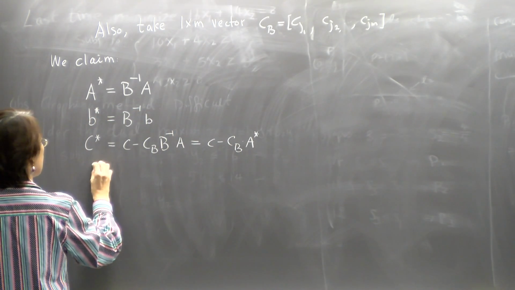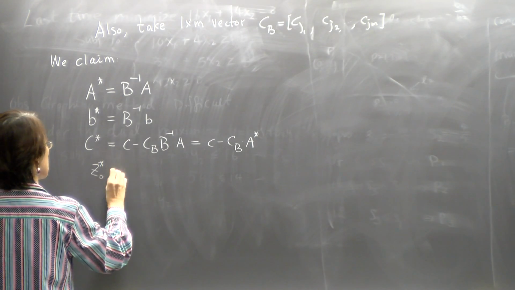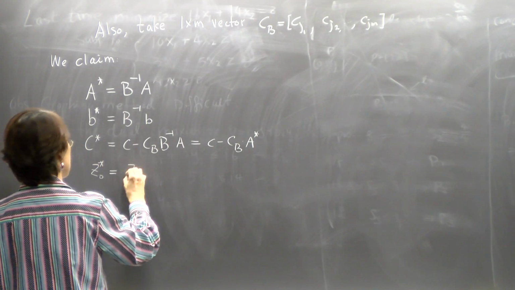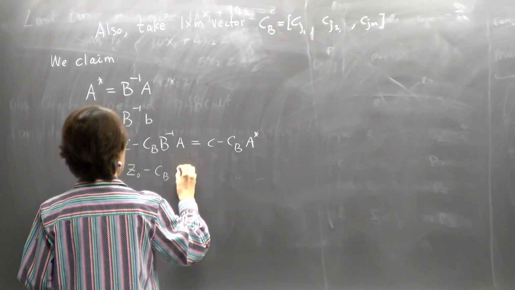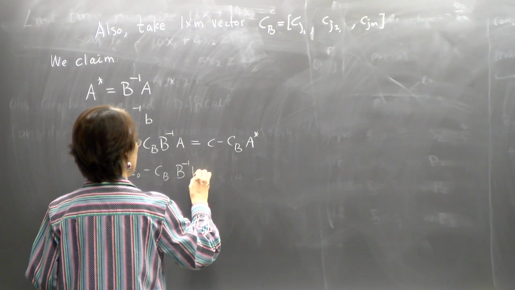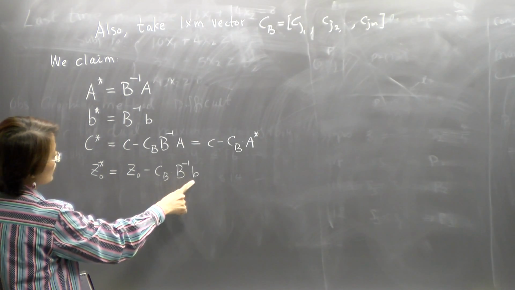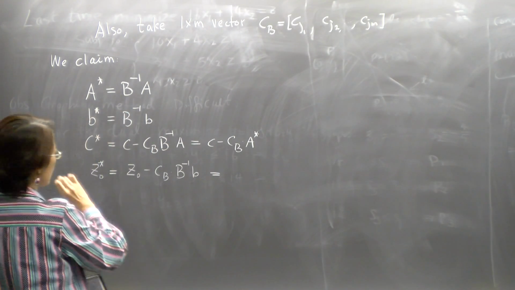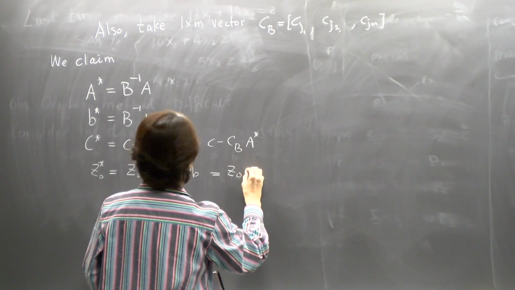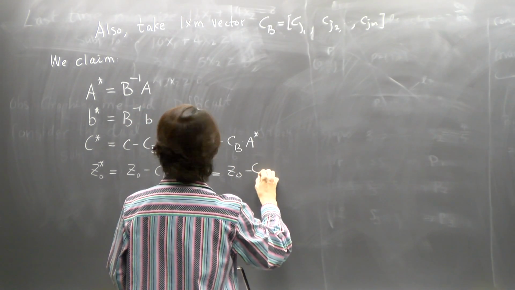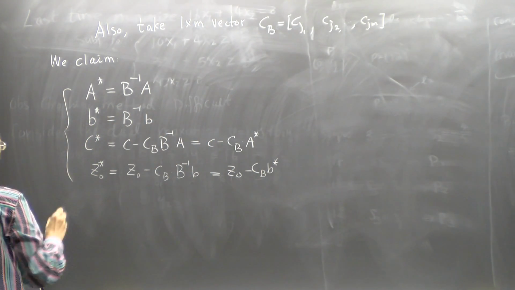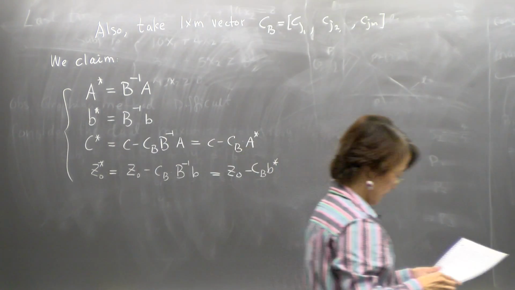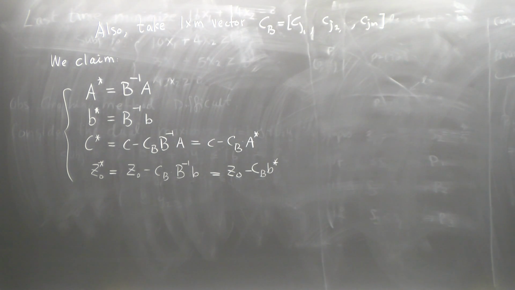And the final value Z star would be Z0 minus CB, B inverse B. B inverse B is computed over here, so I can write it as Z0 minus CB, B star. The proof will come a bit later, maybe next class.